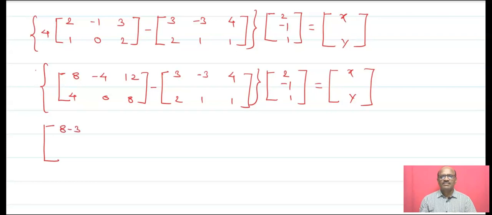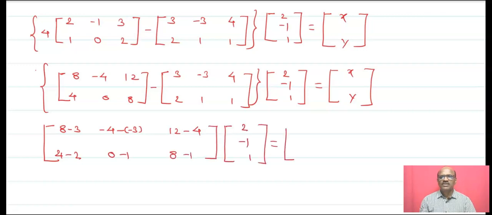Therefore 8, minus 4, 12, 4, 0, 8 minus the other scaled matrix, and that's equal to the column [2, -1, 1], which equals [x, y].